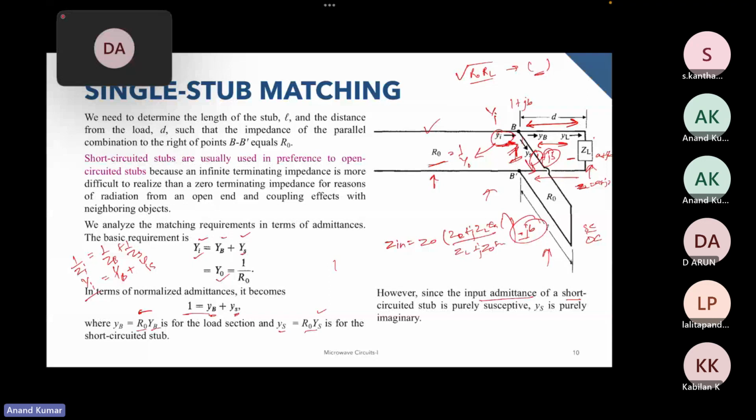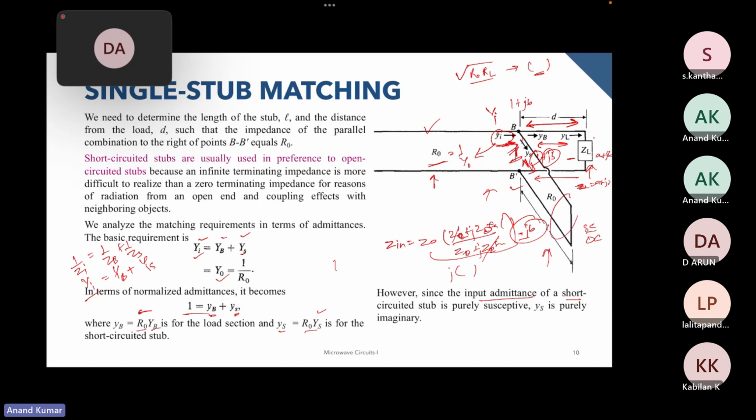If this ZL becomes zero, this term becomes zero, and this entire thing becomes imaginary, of J something form. So this stub will offer only imaginary impedance, and hence imaginary admittance. This particular stub only acts as the imaginary part.